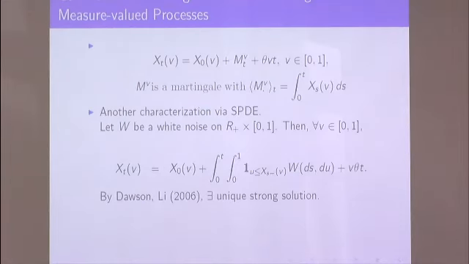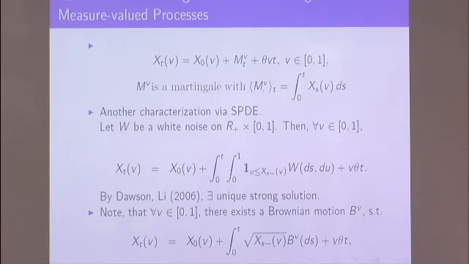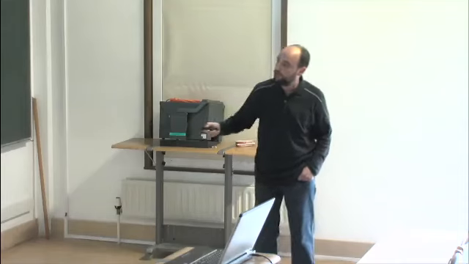Okay, what is the relation between this measure-valued branching and Fleming-Viot? Not this, another one. People who used to work with continuous state branching processes are used to this type of characterization of the processes via SPDEs, via SDEs, in fact, in this case.